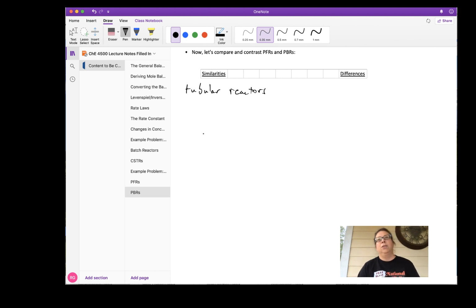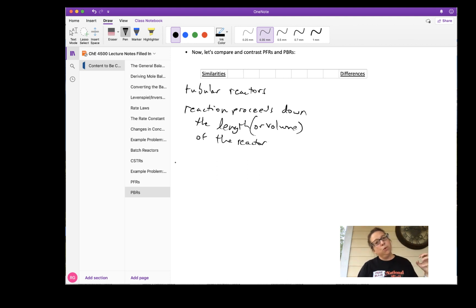A tubular reactor, we've said how those operate. The reaction proceeds down the length or volume of the reactor.